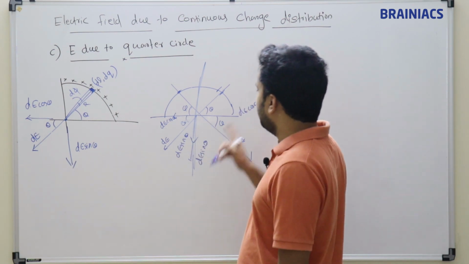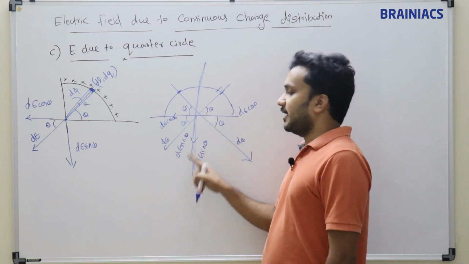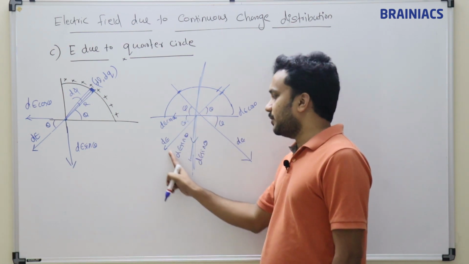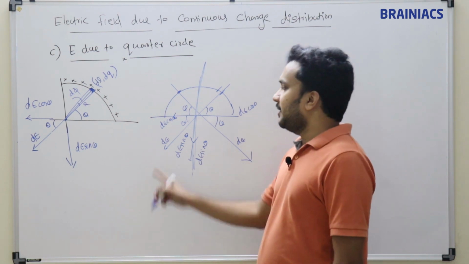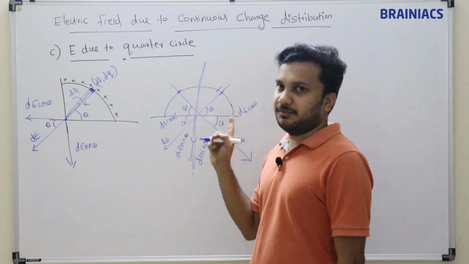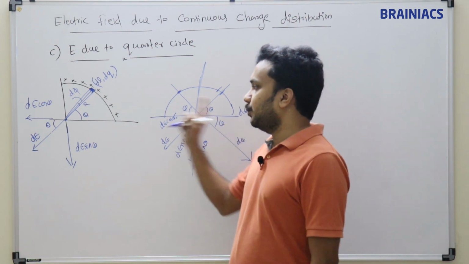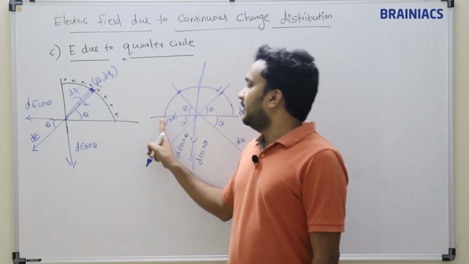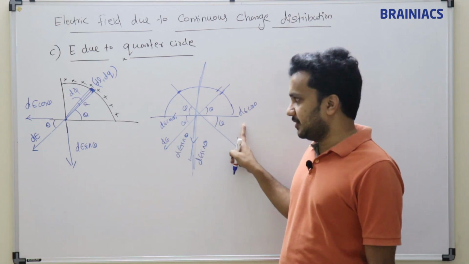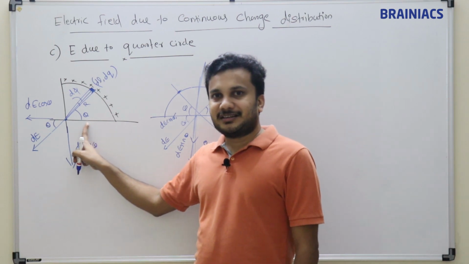There we discussed that the cos theta components get cancelled out and the sin theta components get added up, so we integrated dE sin theta. Here there was a possibility of cancellation. I am just connecting whatever we learned in the last sessions with this one. There the cancellation was possible because it's a symmetrical structure, but this is not a symmetrical structure.